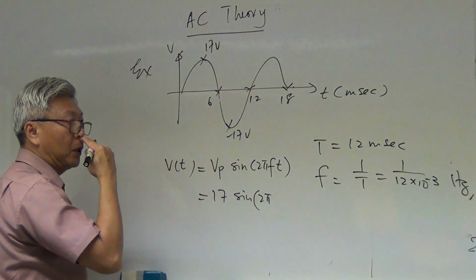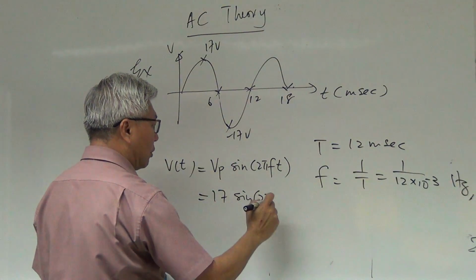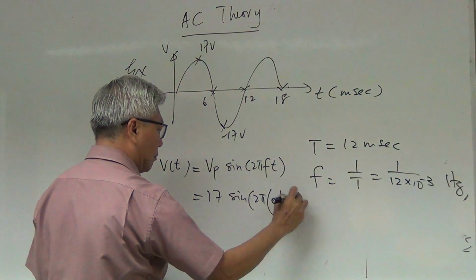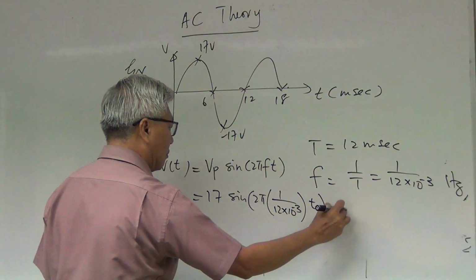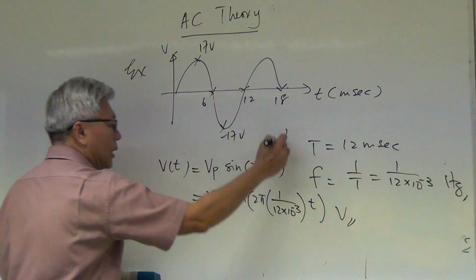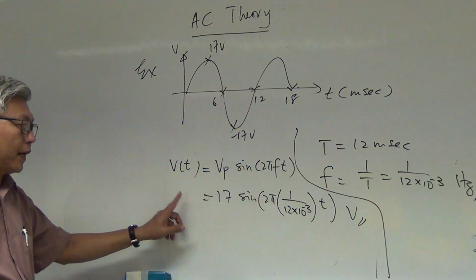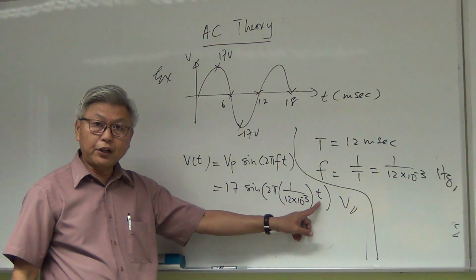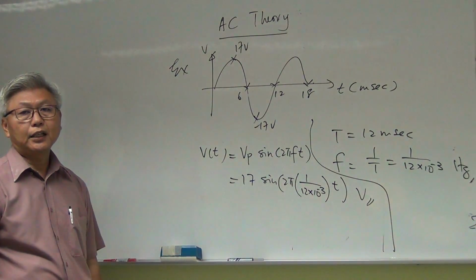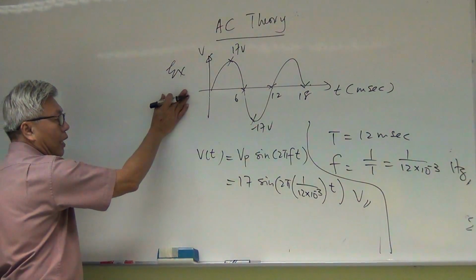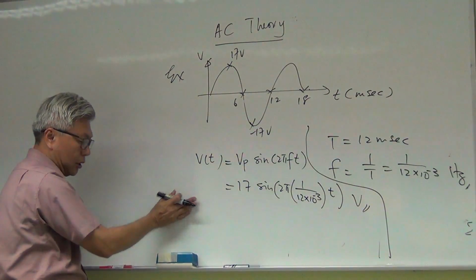My f is 1 over 12 times 10 to the minus 3, right? So I do the same. So that is the sinusoidal expression. When you are asked to give an expression, the t is a variable, you leave it there. Got it? Okay, so I'm able to convert a sine wave into a sinusoidal expression.